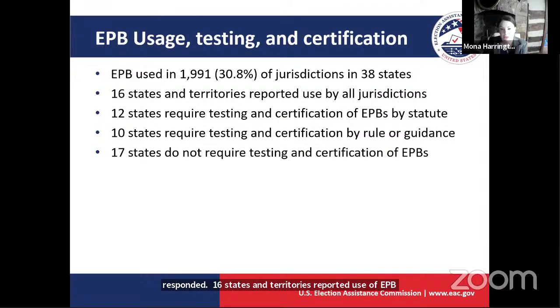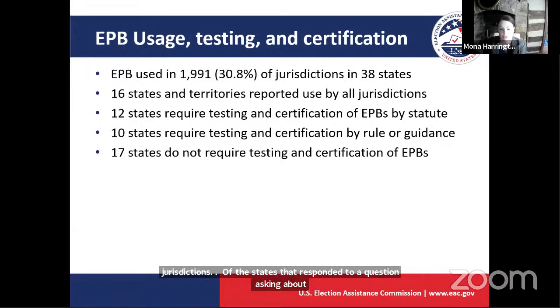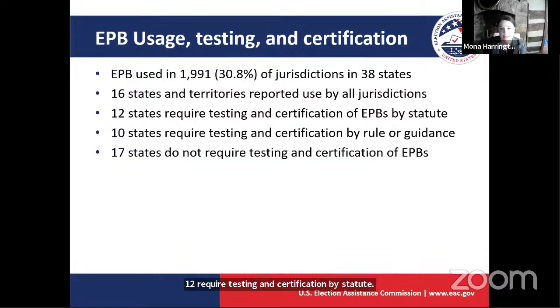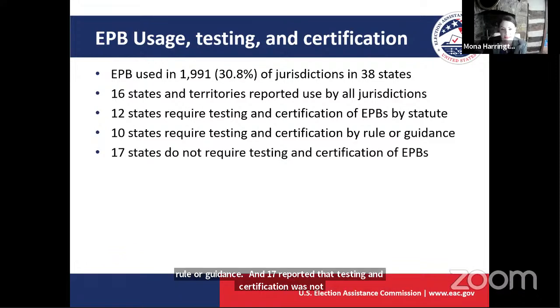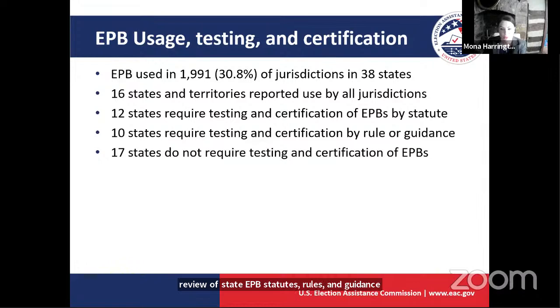Of the states that responded to a question asking about EPB testing and certification, 12 reported that testing and certification is required by statute, 10 reported that it is required by a formal administrative rule or as guidance, and 17 reported that it was not required at all. The EAC conducted a literature review of state EPB statutes, rules, and guidance and found that most did not address security, accessibility, or usability.